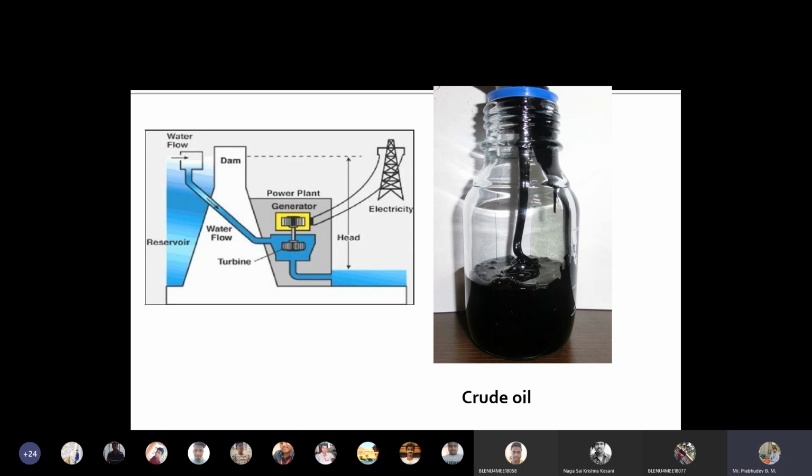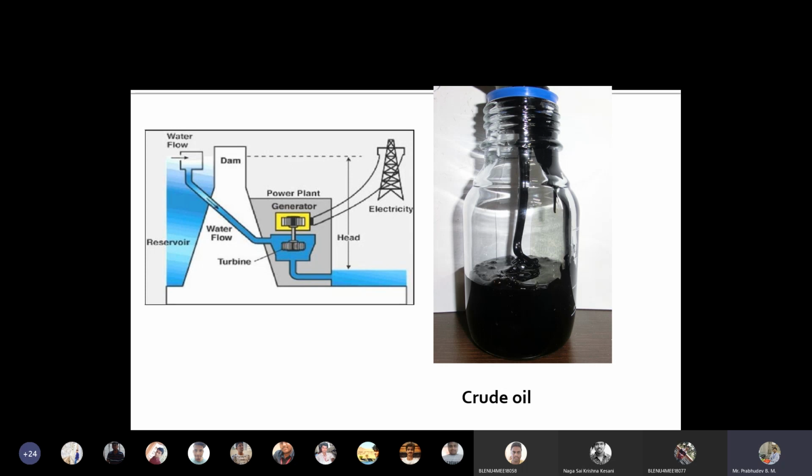In the present scenario, of the world's energy needs, mostly 40% will be supplied by oil alone. Just imagine, 40% of the energy need is supplied by oil alone, and this we will get only for 100 years.